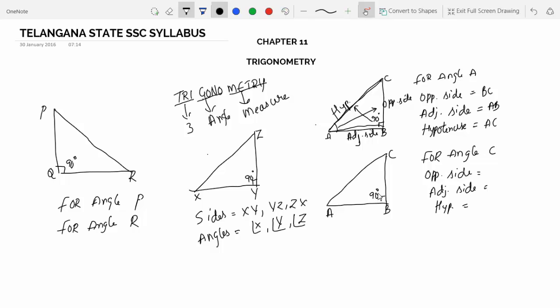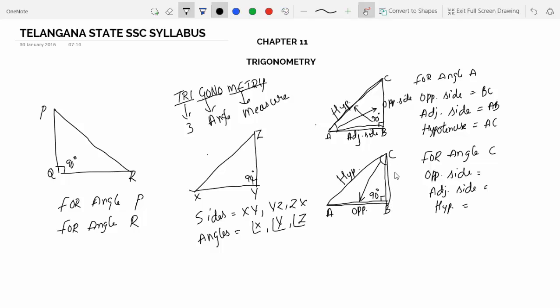Let us consider a similar triangle ABC. I have drawn another triangle ABC with angle B as 90 degree. Let us find out what is the opposite side, what is the adjacent side and what is the hypotenuse for angle C. The side opposite to angle C is AB, and the slant line is always the hypotenuse.